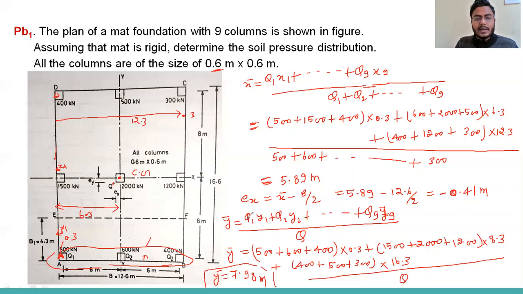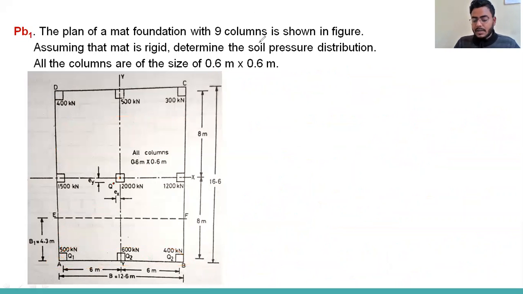So now we can calculate EY, that is y bar minus L by 2. What is y bar? 7.98 minus L by 2, that is 16.6 divided by 2.